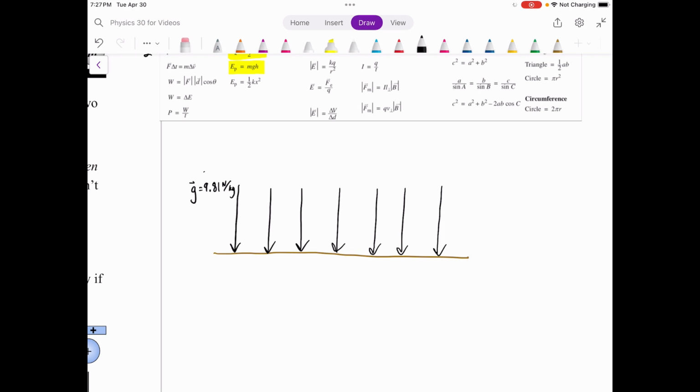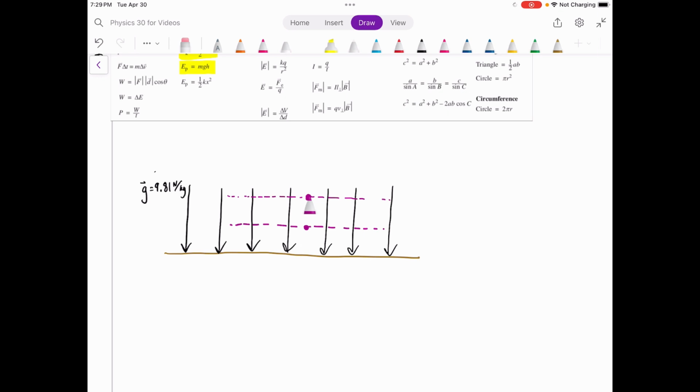Now, what we're going to start talking about here, and what I want you to start thinking about, is how we could generalize a way to talk about the difference in gravitational potential energy between, say, this position here and this position here.